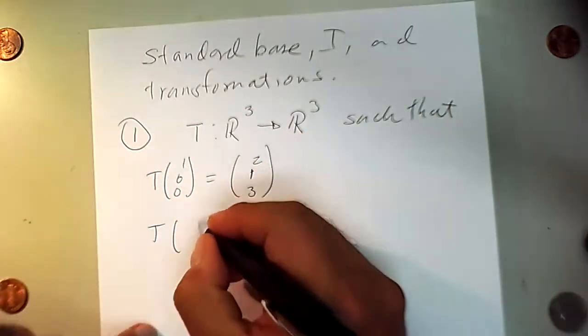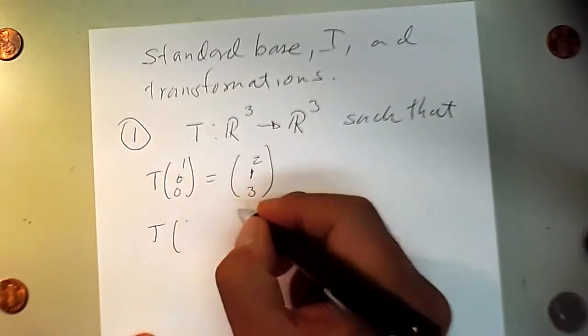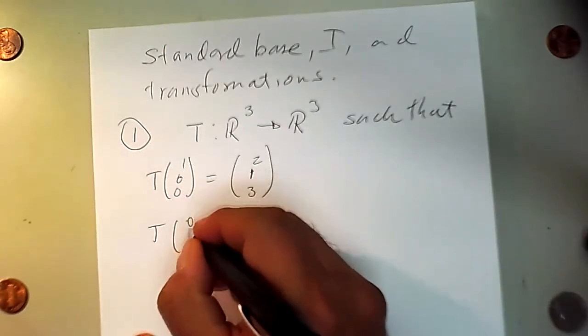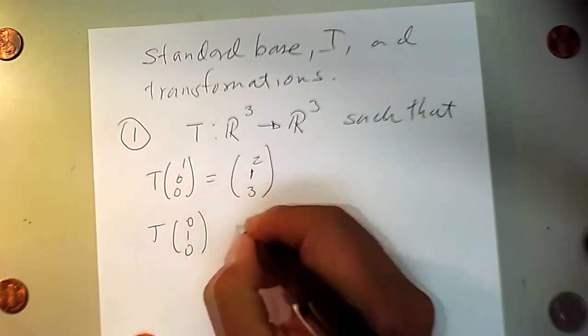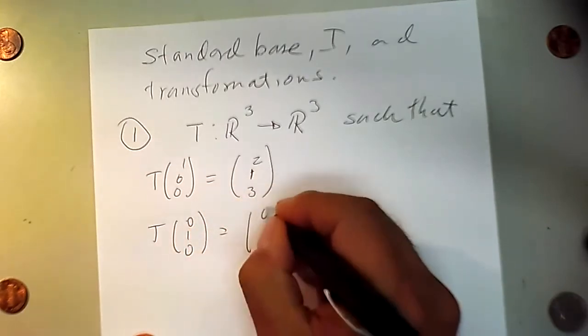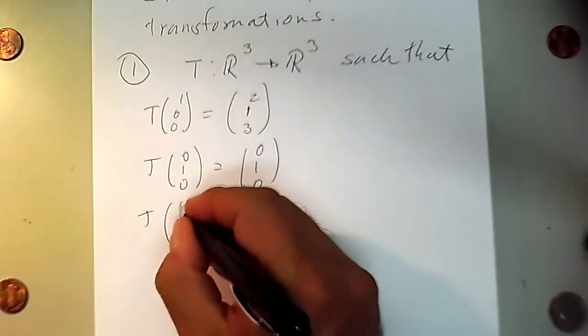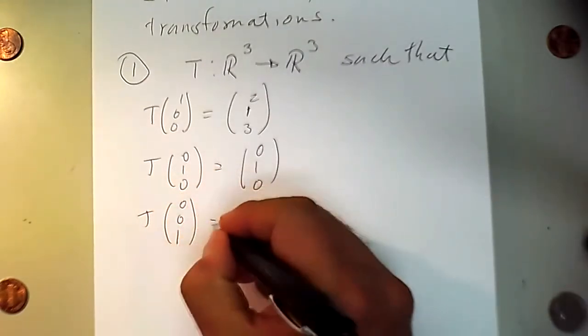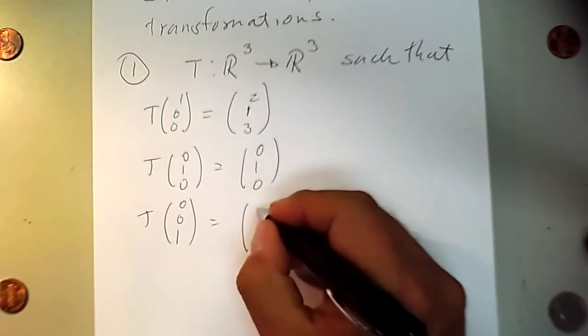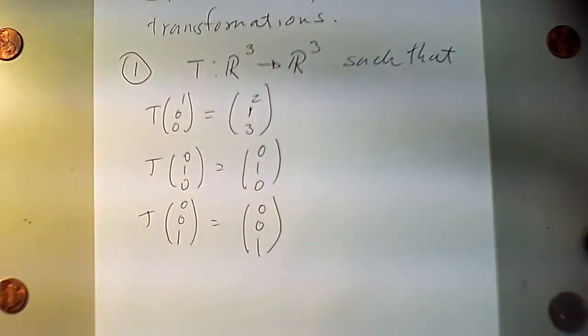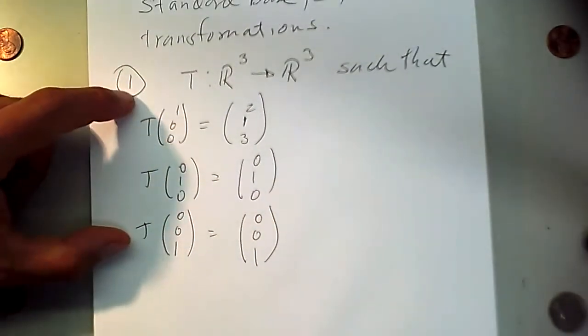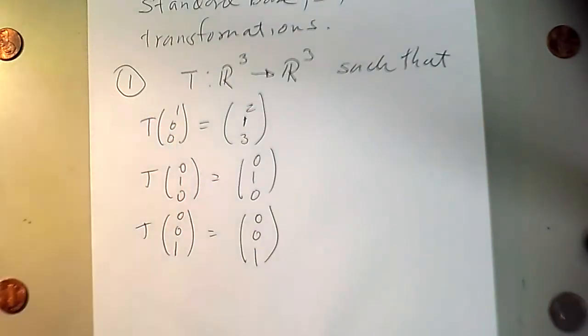T of (0, 1, 0) I'm going to keep simple, equal to (0, 1, 0), and T of (0, 0, 1) will be (0, 0, 1). So that is a small change from the identity.